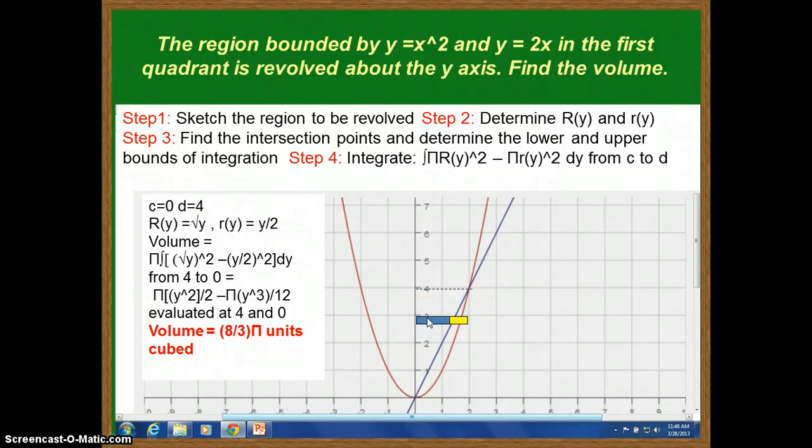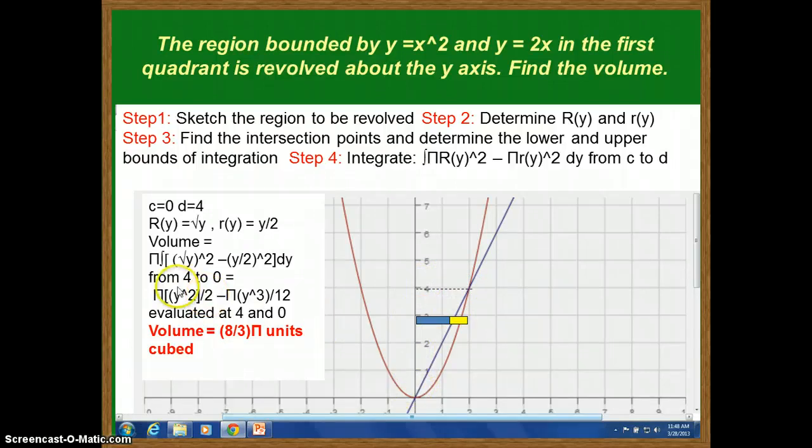So now we're going to integrate with respect to y, and of course our limits of integration will be on the y-axis, and those will be the points of intersection. Okay, the points of intersection right here, 4, and down here, 0.